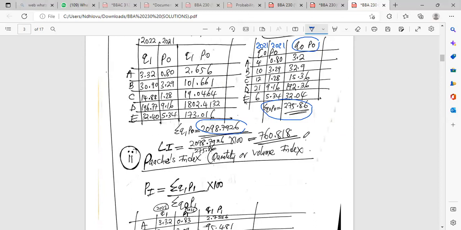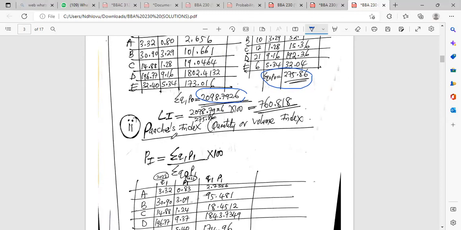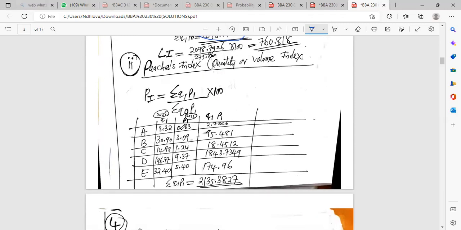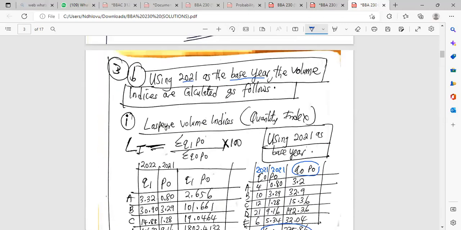Now getting down to the partial index. The formula for the partial quantity index or volume index is equal to the summation of Q1 P1 over the summation of Q0 P1 by 100%. So we can find the Q1 P1. Q1 is for 2022 because we're using 2021 as a base period.